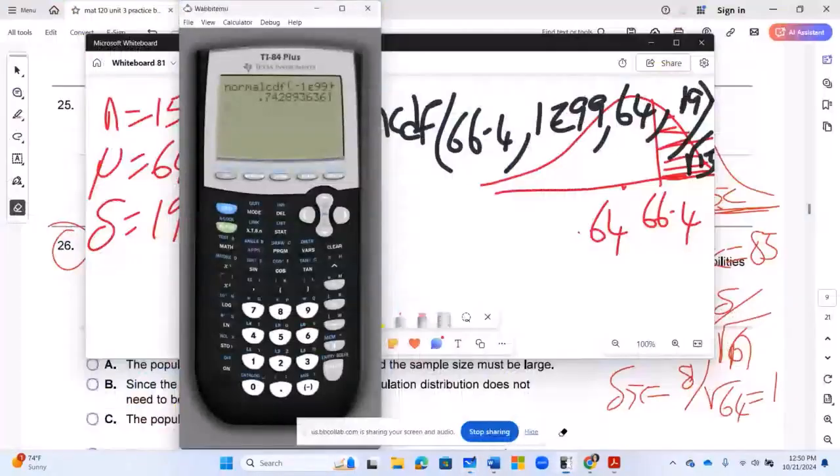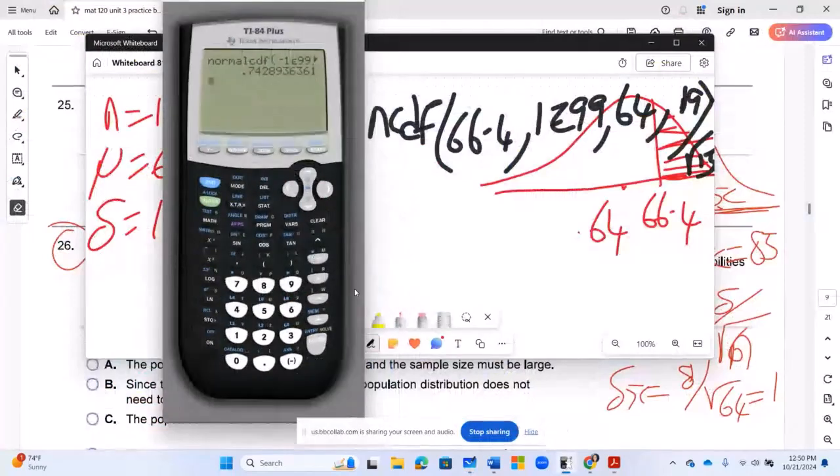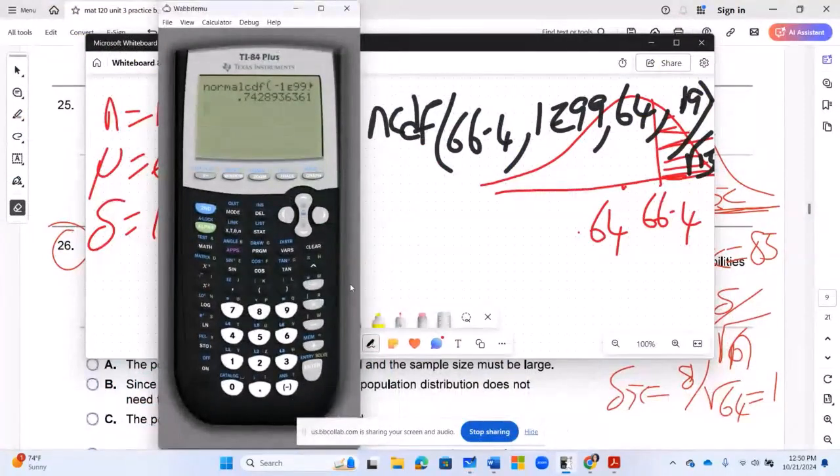So let's find area to the right of 66.4. I'm going to clear and go back to second distribution, number 2. The lower bound is 66.4. The upper bound is positive infinity, 1E to the power 99. E is above the comma, don't forget. 1E to the power 99.